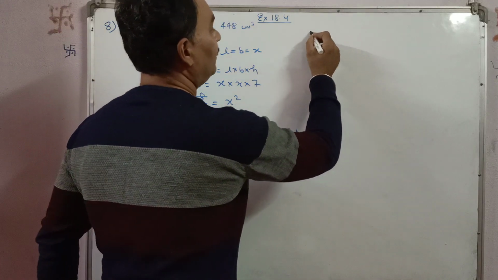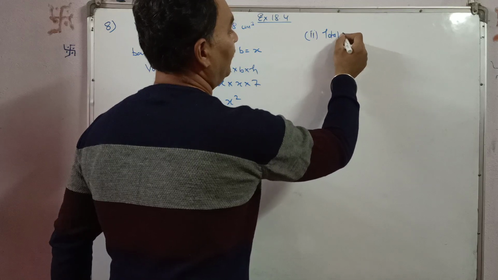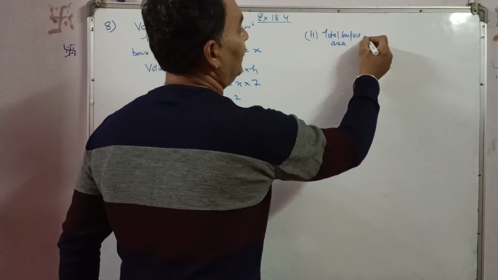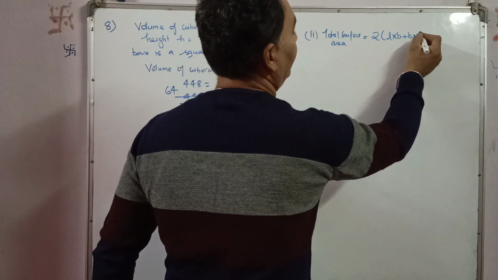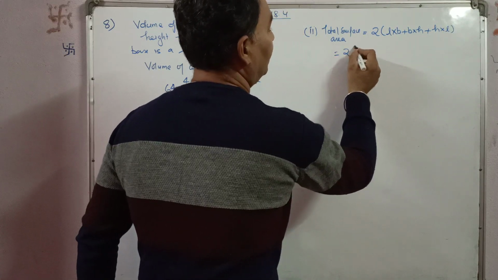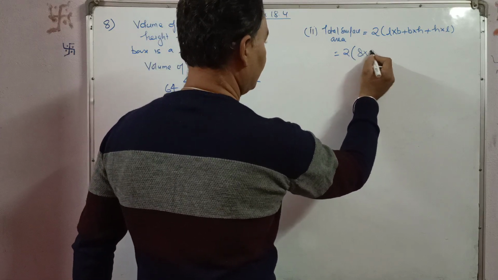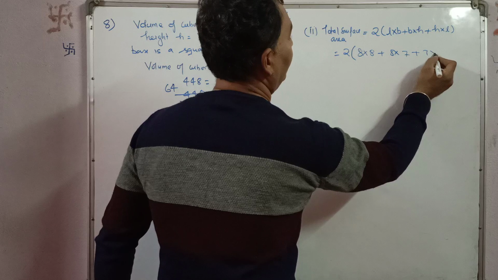Second, we need to find out the total surface area. Total surface area is 2 times length into breadth plus breadth into height plus height into length. On substituting the values, length is 8, breadth is also 8, 8 into 7 plus 7 into 8.